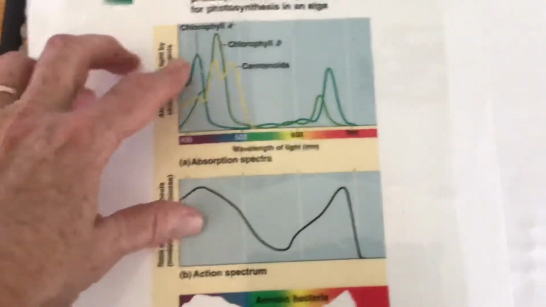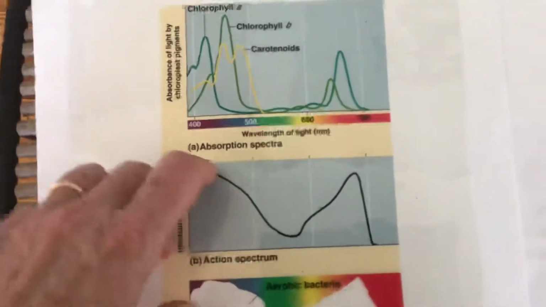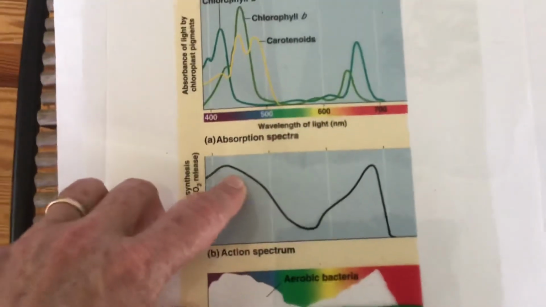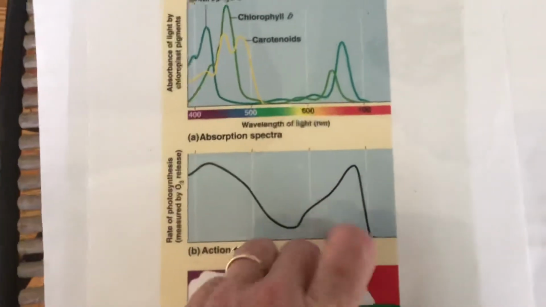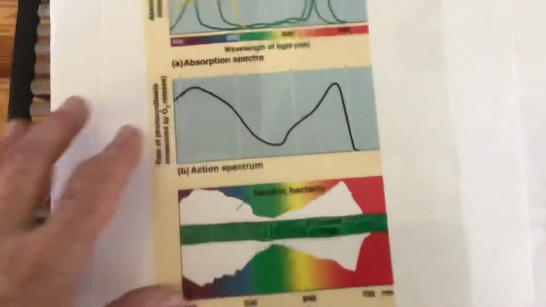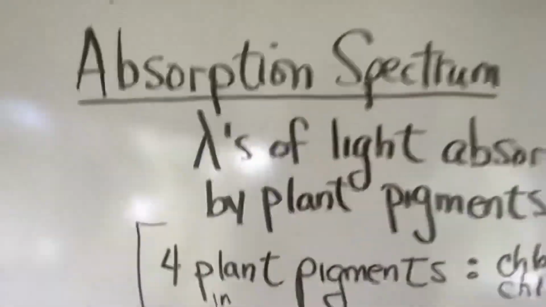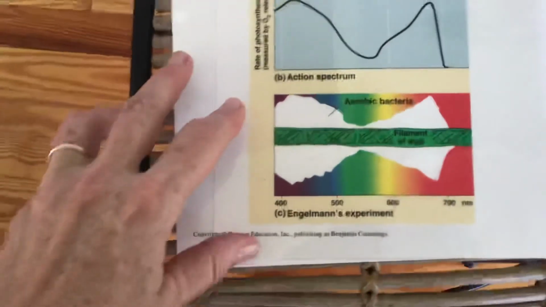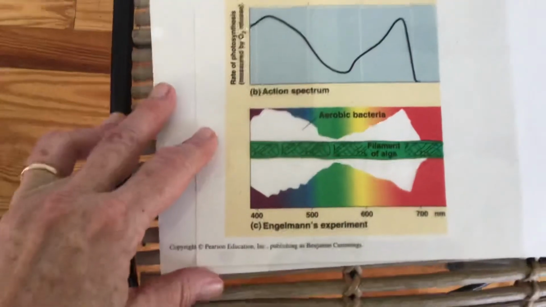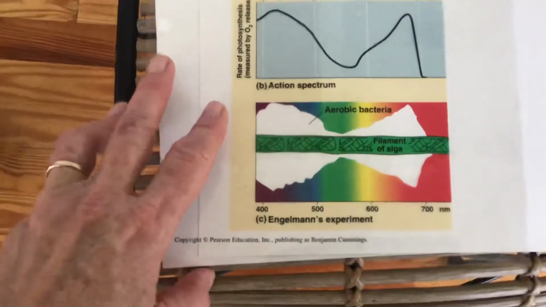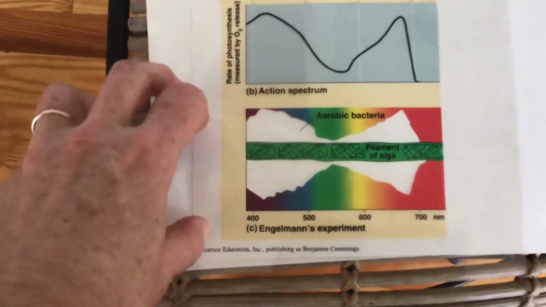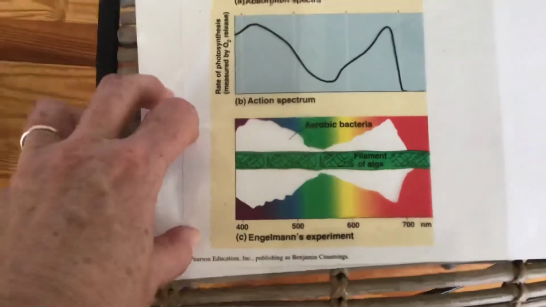All right, so overall we've got the absorption happening in the bluish, purplish blue region and the reddish region. This is of course called the absorption spectrum, like I mentioned. Now there was a famous experiment done by a man named Engelmann, where he used algae, actually a eukaryote, spirogyra, which has a huge chloroplast in it.